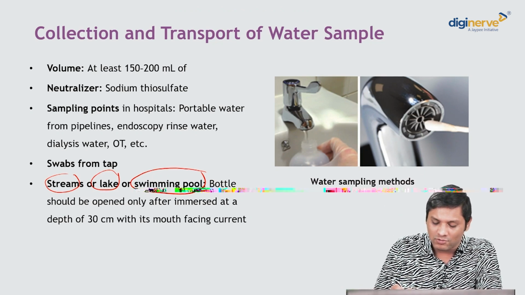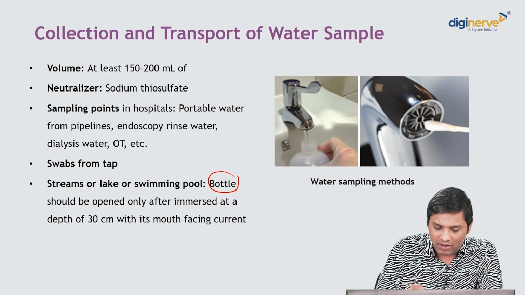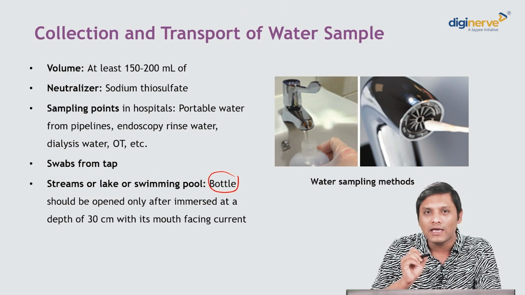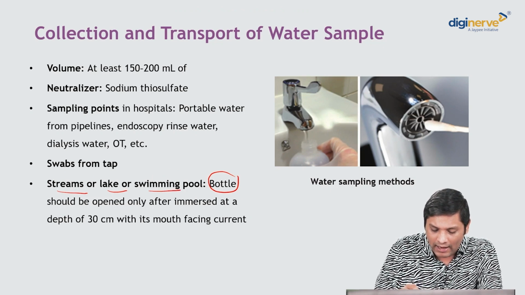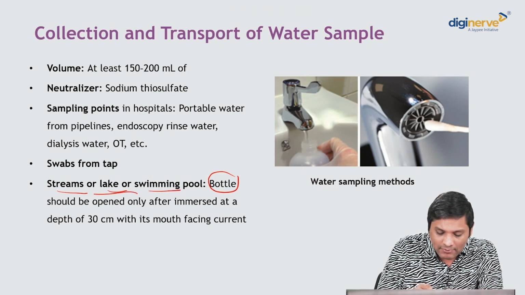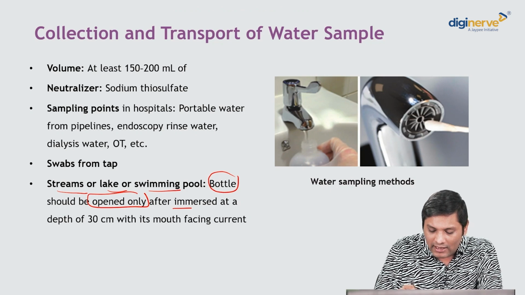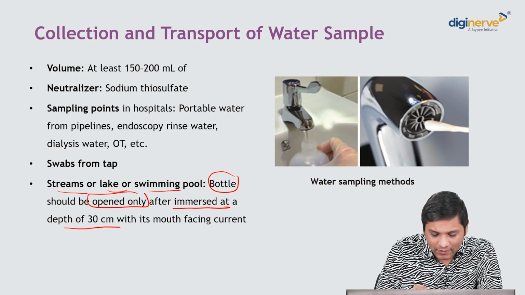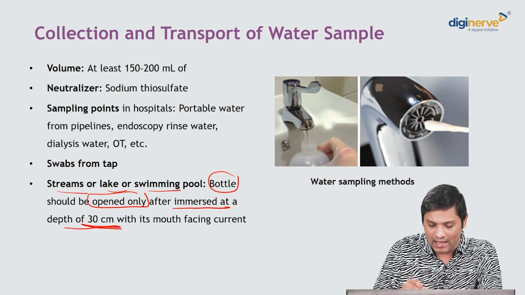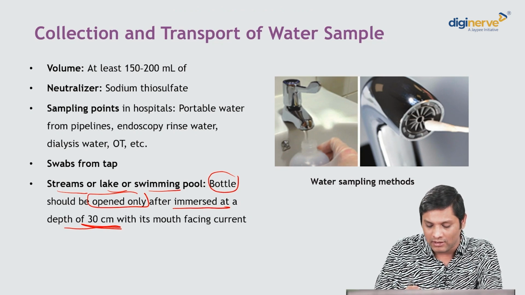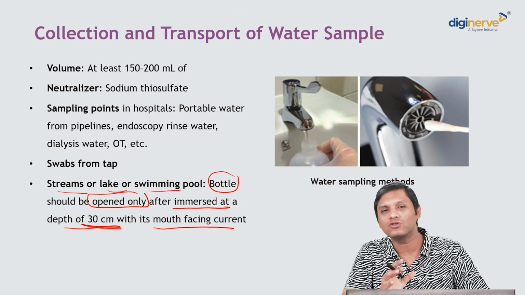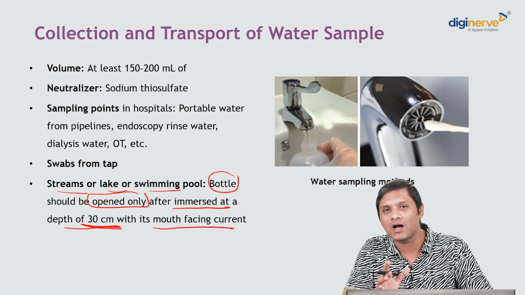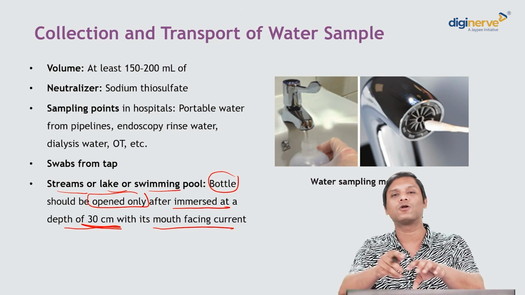Here you have to immerse a bottle into the stream, lake, or swimming pool, and the bottle should be opened only after immersing to a depth of at least 30 centimeters. At that time you have to open the bottle facing the current. The mouth of the bottle should face the current of the water.